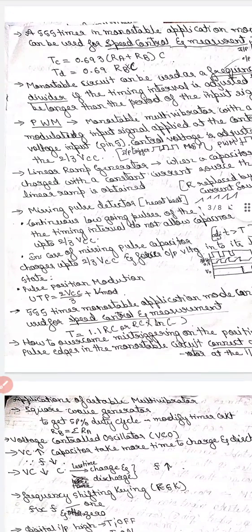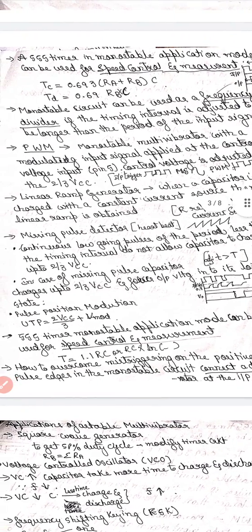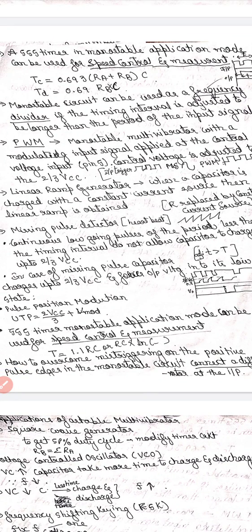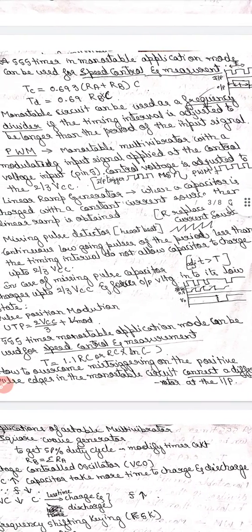If you want a linear ramp generator, we should use a capacitor charged with a constant current source. And if you want pulse width modulation, use the monostable multivibrator with a modulating input signal applied at the control voltage input, with the control voltage adjusted to 2/3 V_CC.